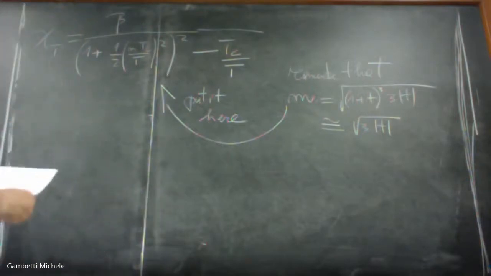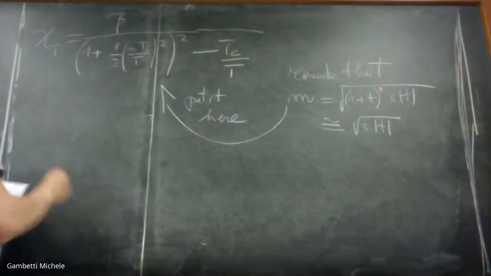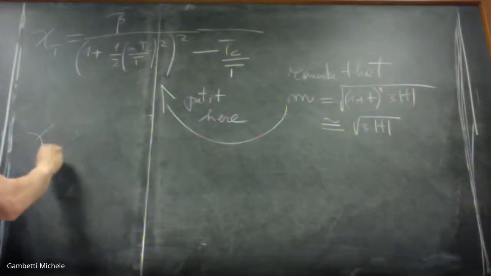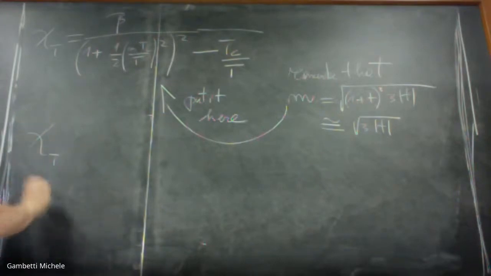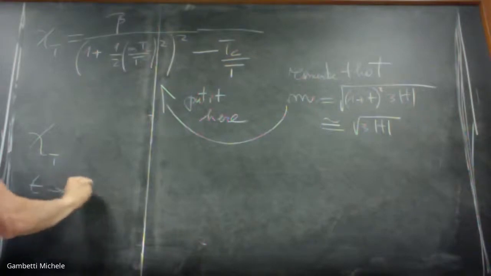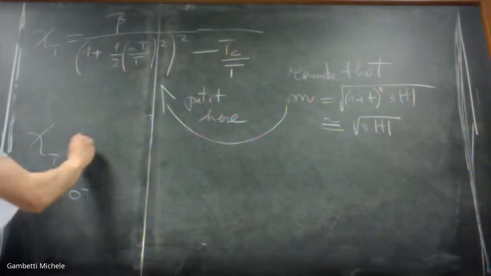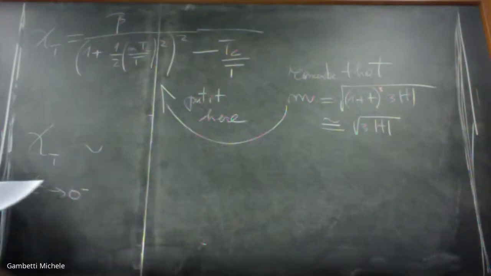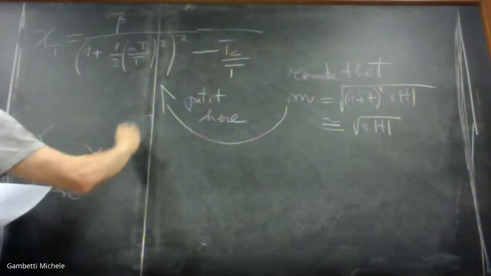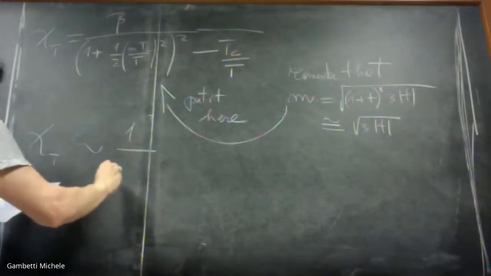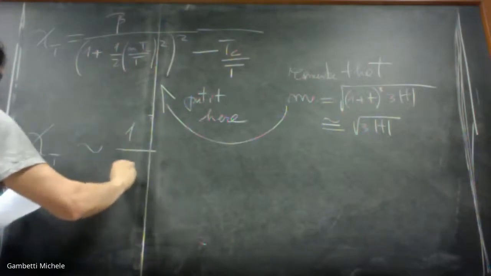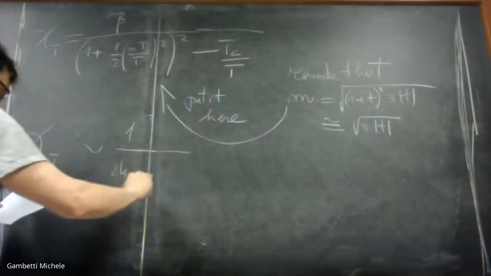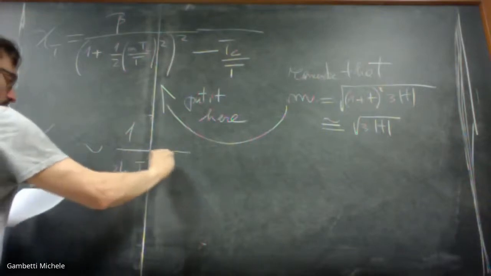And what you get at the end is that the chi of t, when t is approaching 0 from below, behaves like 1 divided by 2 kb Tc, and then t.